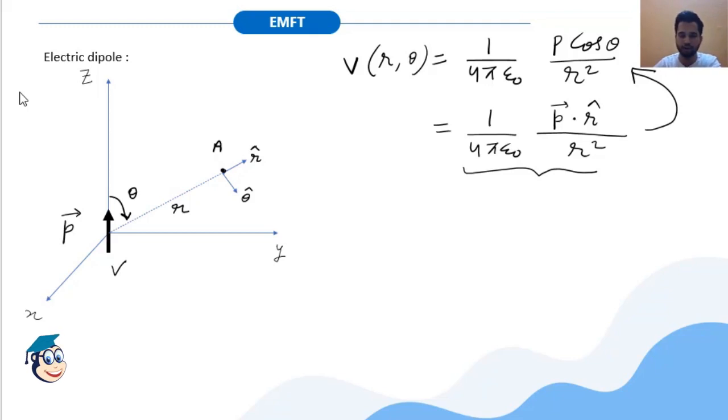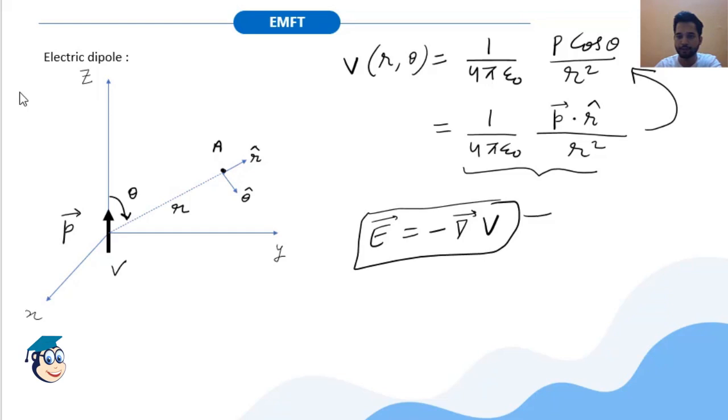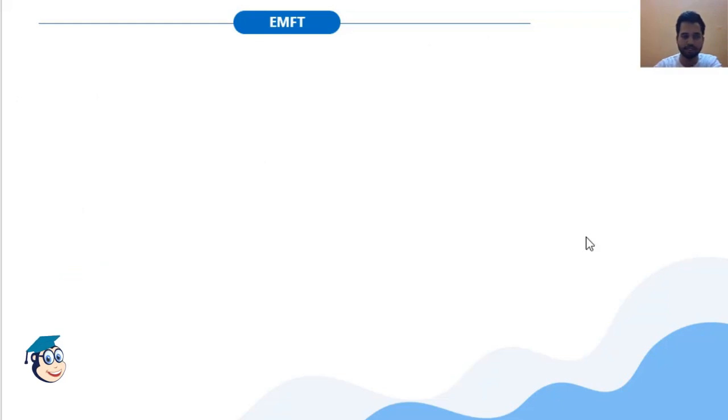After knowing the potential, you can easily derive the expression of the electric field by using the relation E is equal to negative gradient of V. You have V in front of you, and you can take its negative gradient and you will get the electric field. I am going to solve this on the next page.